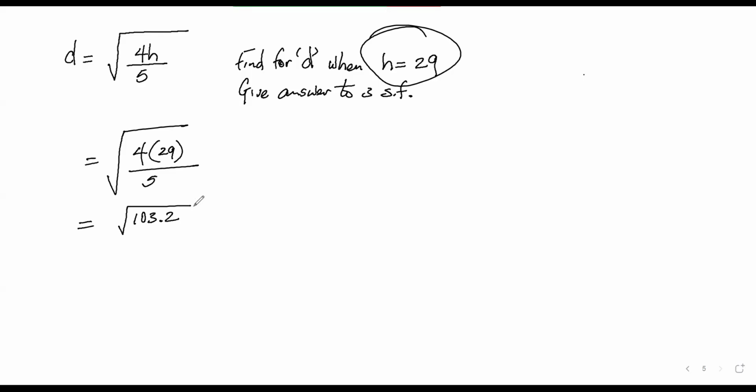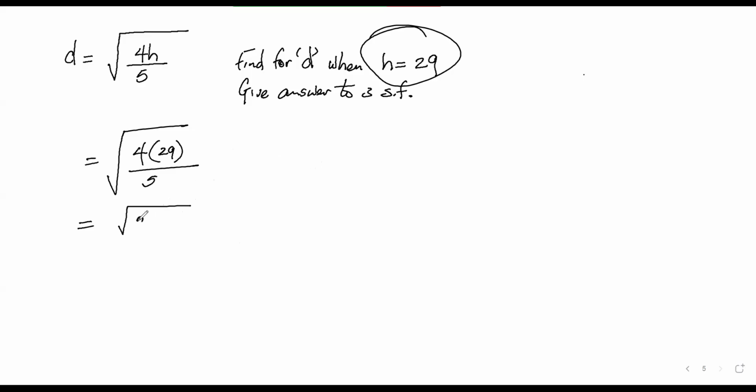Using my nice Casio, the FX115 ES Plus, I multiply 4 times 29, which is 116, and divide by 5. I made a mistake just now. The correct answer is 23.2, sorry about that, people.